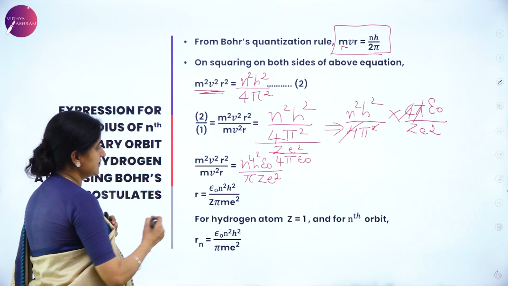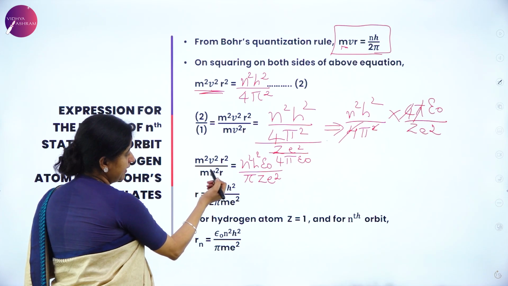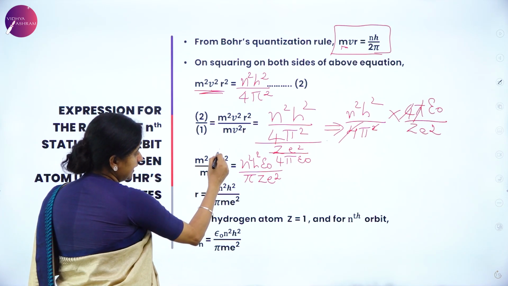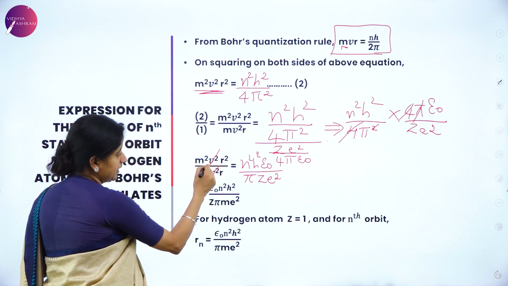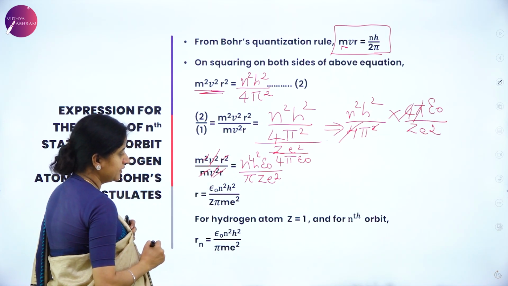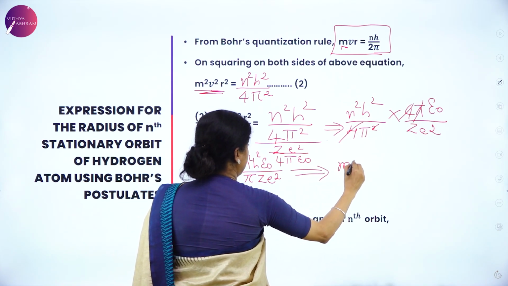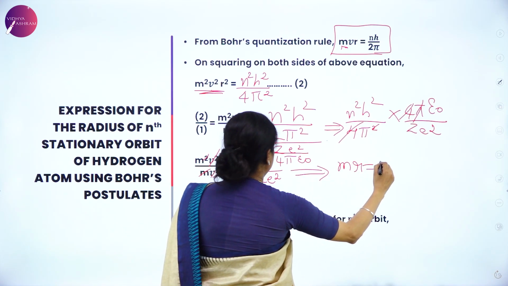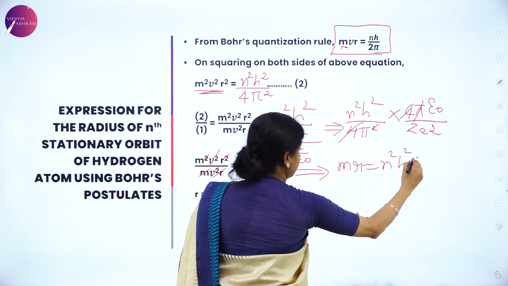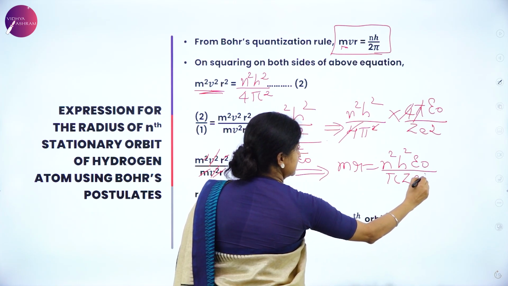Look at the LHS now. Here we have m square v square r square divided by mv square r. So we can cancel v square and v square, m and m, r and r. So we remain with mr equal to n square h square epsilon naught divided by pi Ze square.